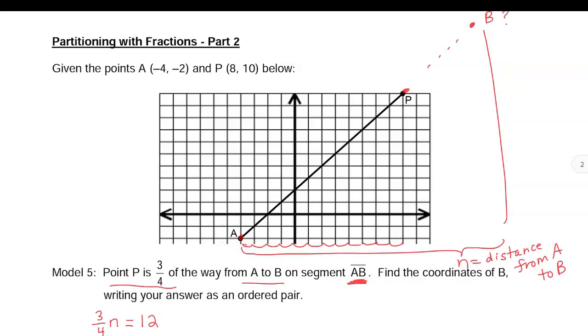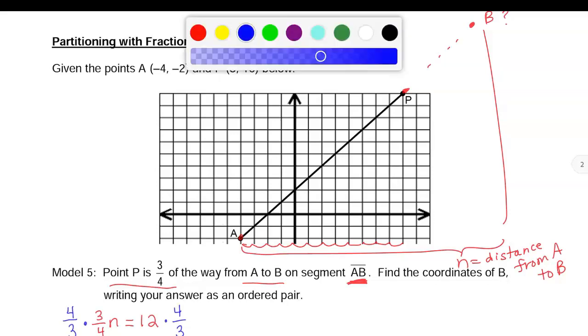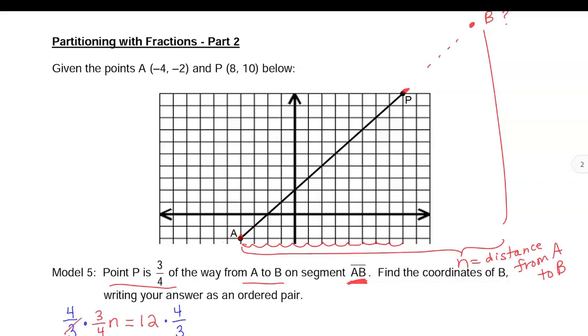And now we just need to solve this equation. I'm going to multiply both sides by 4/3. That'll get rid of the 3/4 in front of the N. So the 3 cancels with the 12 and leaves a 4. So N is 16.